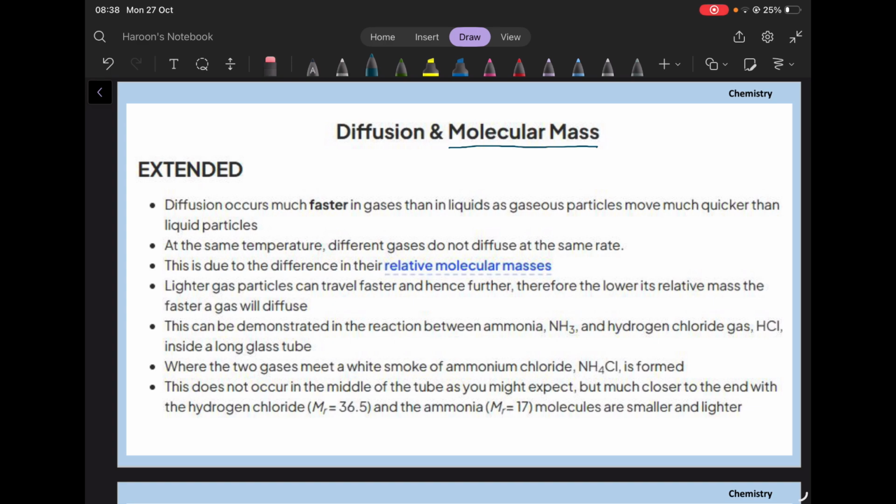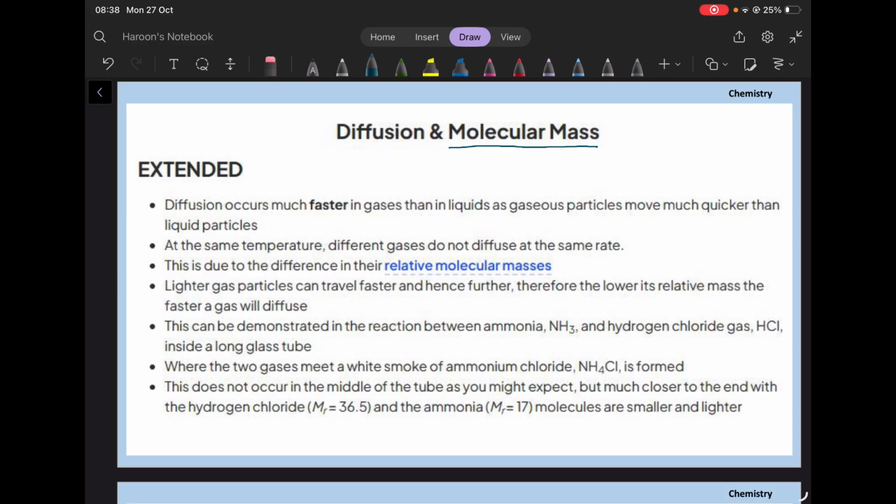This is related to the inertia concept as well for physics. When you have more mass, it makes it harder for that object to move around, to change direction, to accelerate or decelerate. So even in this case, when you have lighter gases, it is easier for those gases to move around.